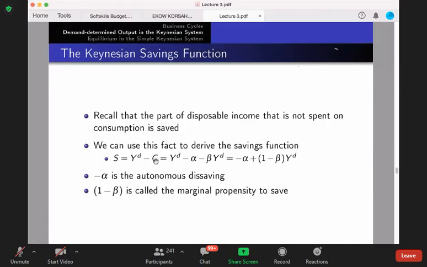So YD minus the consumption that we saw previously, alpha plus beta YD. But because of the negative here, when we open it, we get YD minus alpha minus beta YD. And we can rewrite it as minus alpha plus 1 minus beta YD.